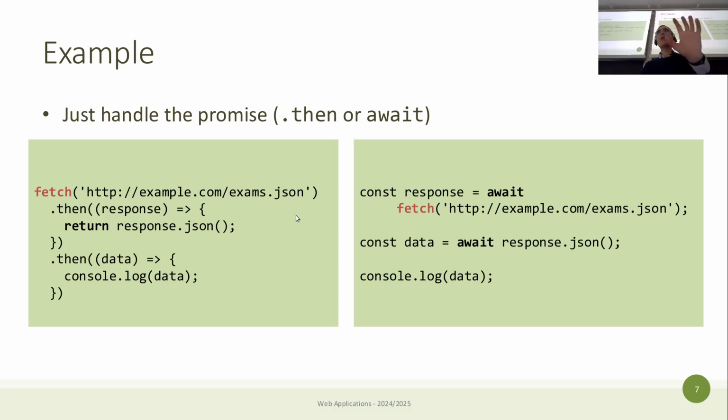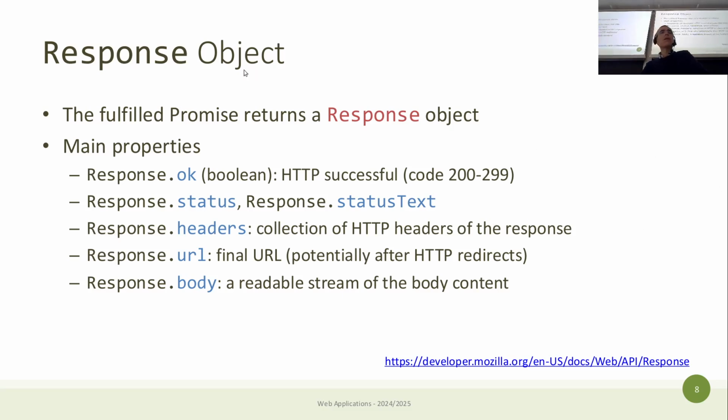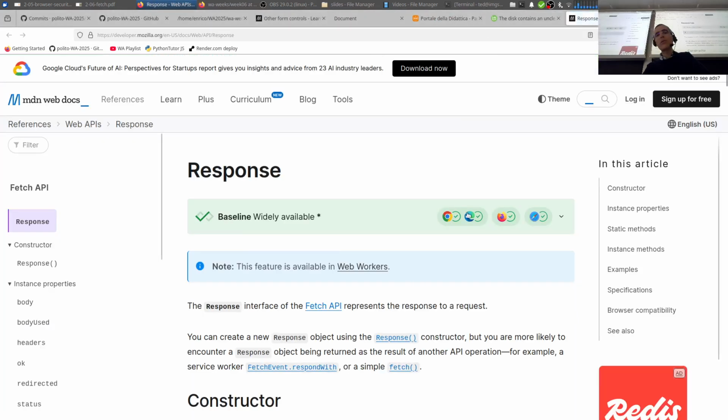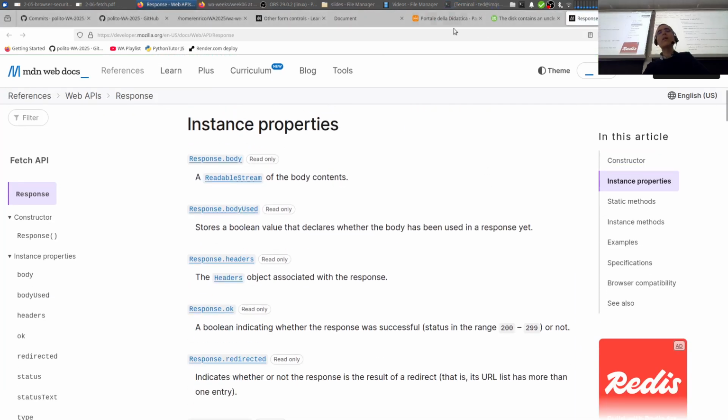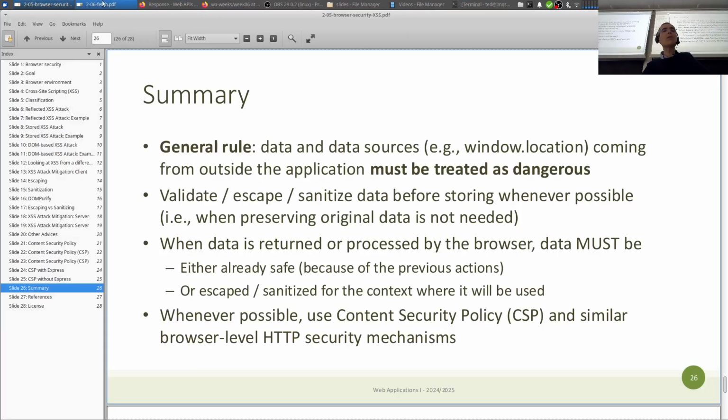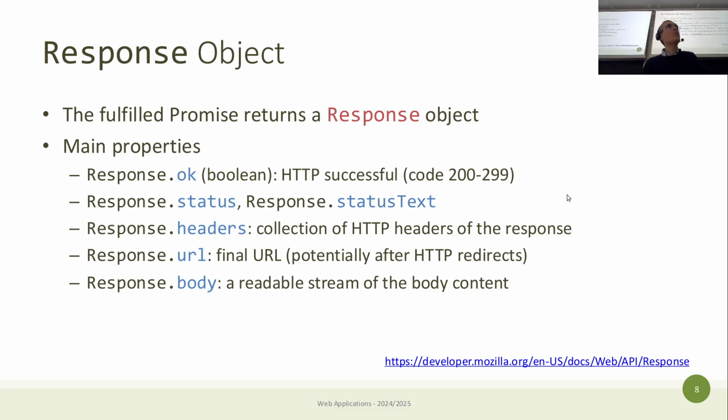So, which is the object given by the fulfilled promise, and how to access the various information that is present. So actually the fulfilled promise returns a response object that has a number of properties. Again, you can click and look for the documentation and so on, but on the slides you will always find the most useful ones, the ones that allow you to start coding a little bit.